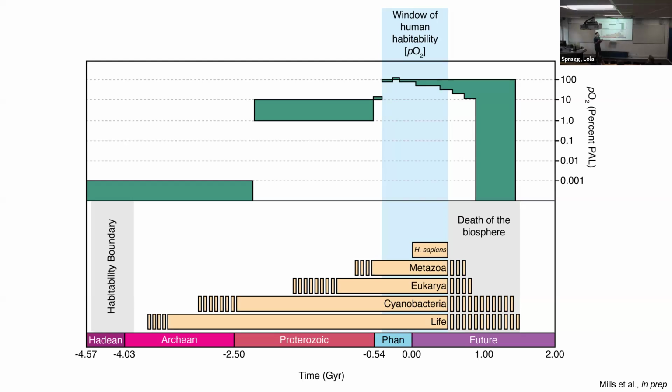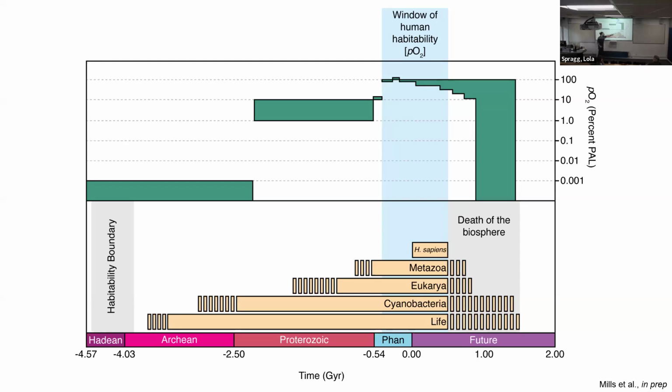We haven't looked at all these variables. If we started doing this for all of these different groups, we could chart it. It would be a combination of physiologists trying to figure out these requirements, and then geochemists and Earth system modelers reconstructing when those conditions were first met and when they will close in the future.